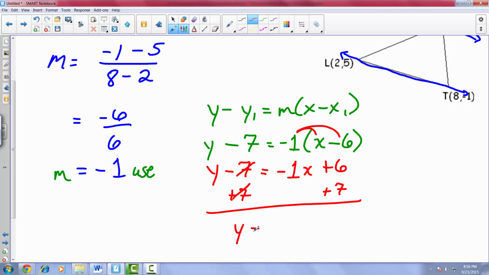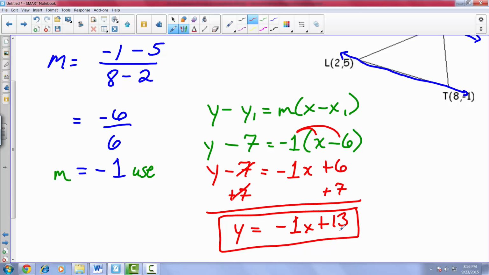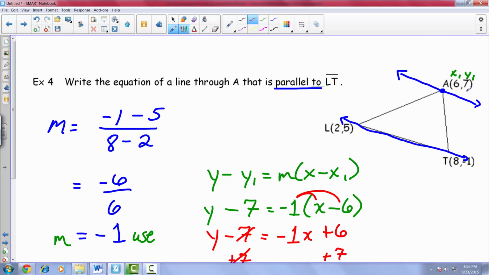So we end up then with y is equal to -1x plus 13. And so this would be our equation. Notice that it is passing through that point and is parallel with this other segment LT. Again, though, that is example 4 from our 2.4, number 2 set of notes.